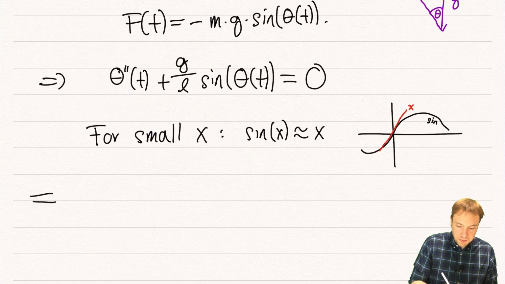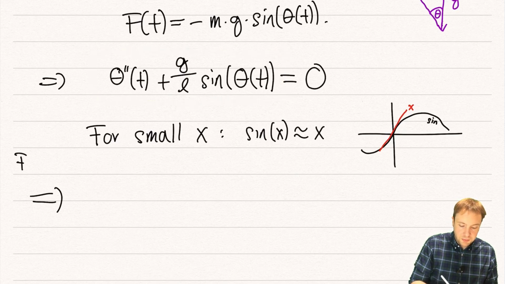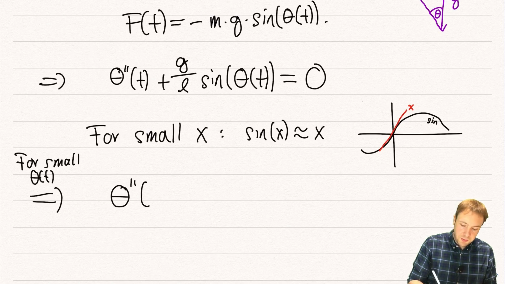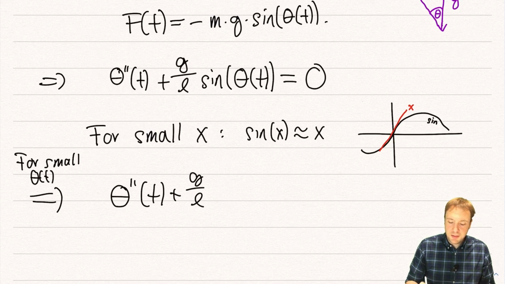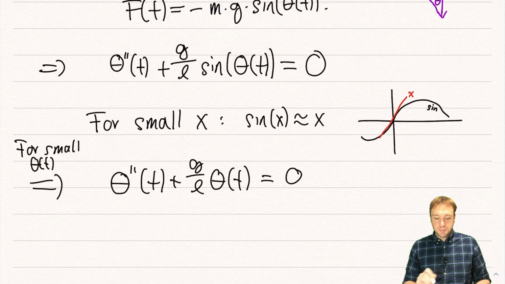So if we rewrite this for small angles, we have that the second derivative plus g over L, and now instead of sine of theta of t, we just write theta of t, equals 0.